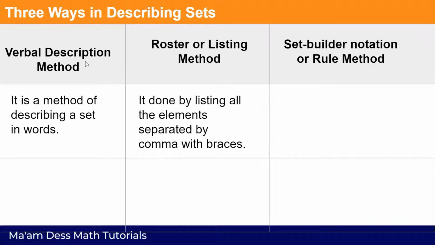So, in verbal description, you have to describe it by words. How about in the roster or listing method, you have to list. Okay? So, iisa-isahin po natin ang elements and then separated by comma and braces.